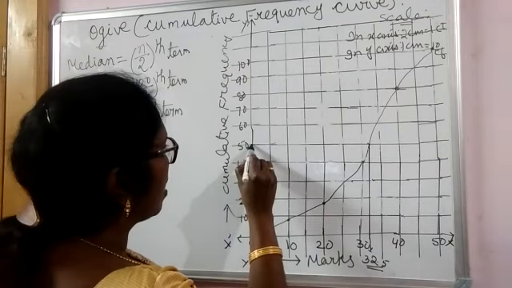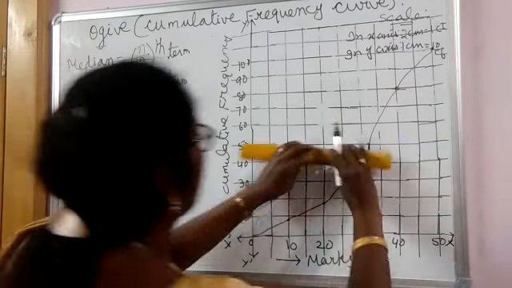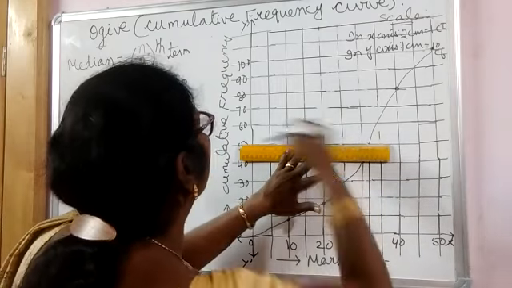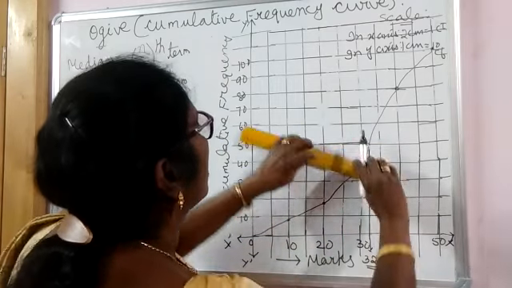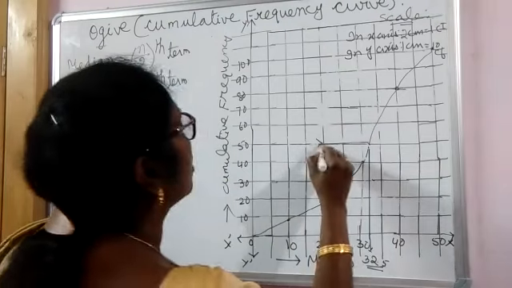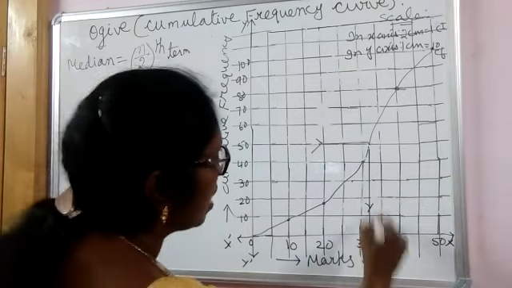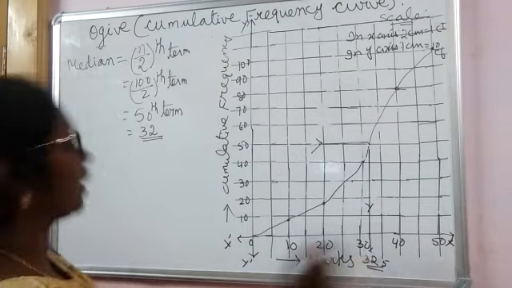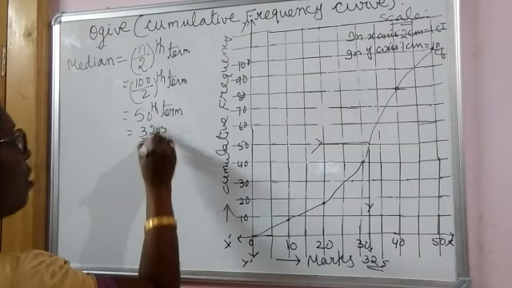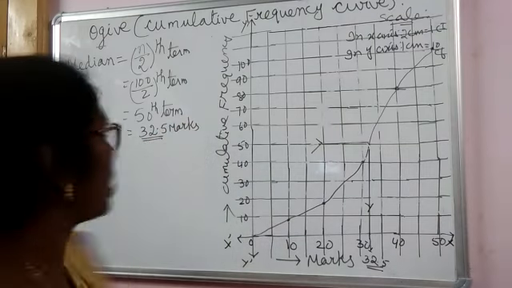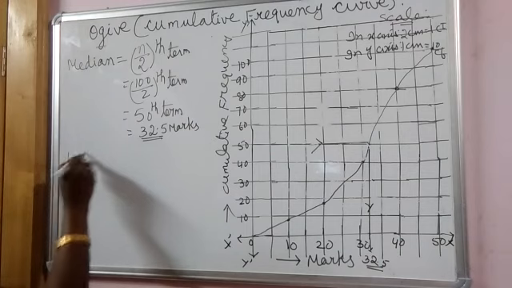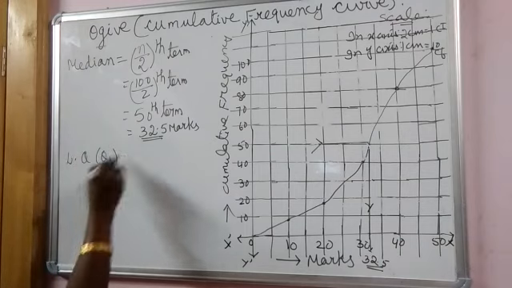Let us highlight the line, show arrows, and this point gives you 32.5 or 32 marks. Median marks is 32.5. Now let us find the lower quartile, that is Q1.